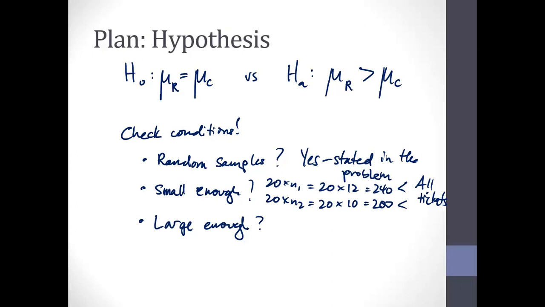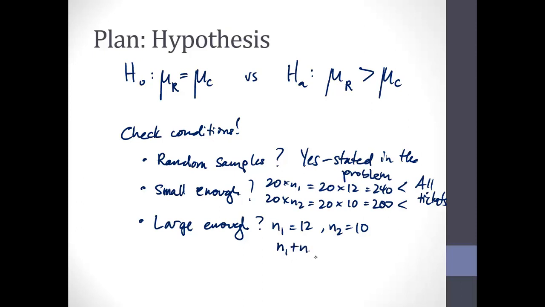Our samples are not too big, but now we want to make sure they're big enough. And that's our large enough condition. It says we're now looking at the sum of the sample sizes. But the key thing here is that remember, if we have normal distributions, we're sort of good to go regardless of what the sample size is. So again, n1 equals 12 and n2 is 10.